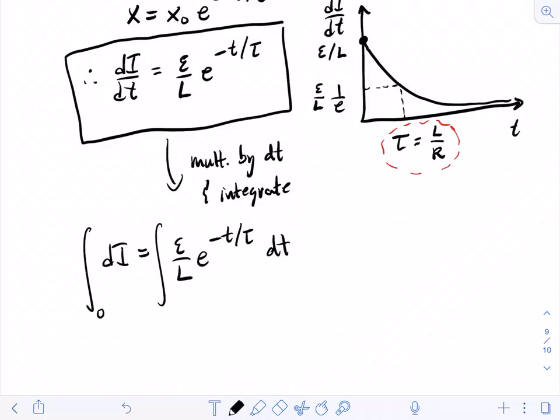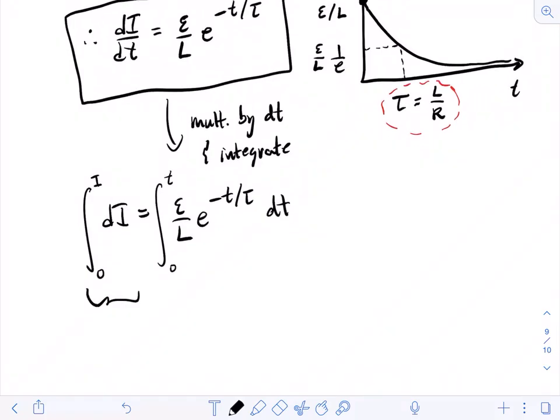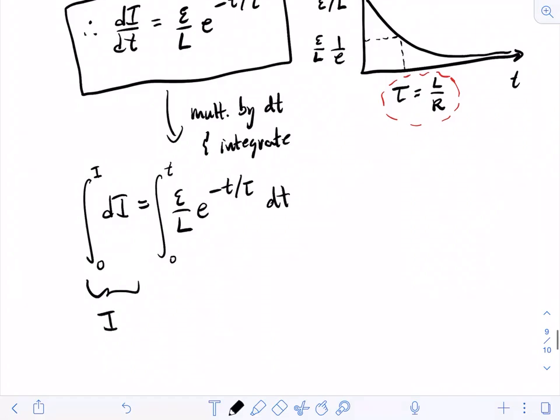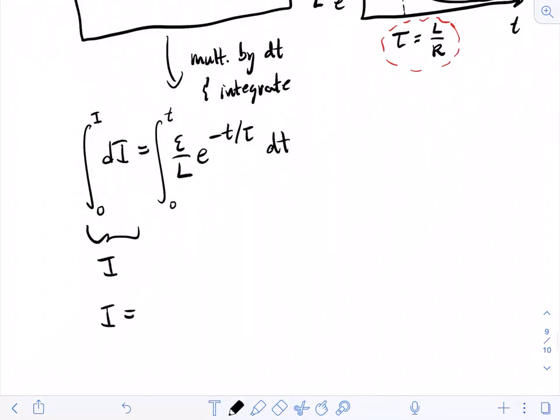We said the current would have to start from 0 and then evolve to some non-zero value. The switch closes at t equals 0, and we're going to find what the current is at some later time t. So this is just I on the left-hand side. So we get that I is equal to epsilon over L times the integral from 0 to t of e to the minus t over tau dt.